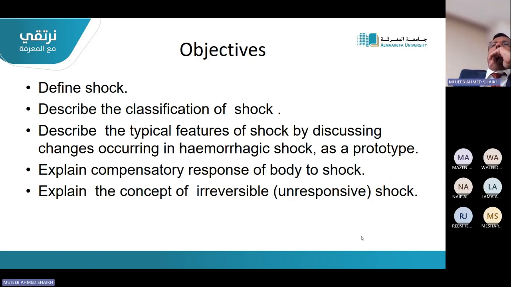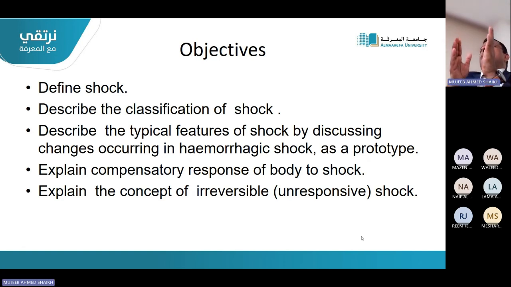Then it could be that the same amount of volume is there, the heart is also functioning properly, but the circulatory system gets dilated. All the vessels get dilated. Throughout the body, there is massive vasodilatation. So the pressure which is created by the pump is not maintained in the circulation. If there is less pressure, the flow will be less.